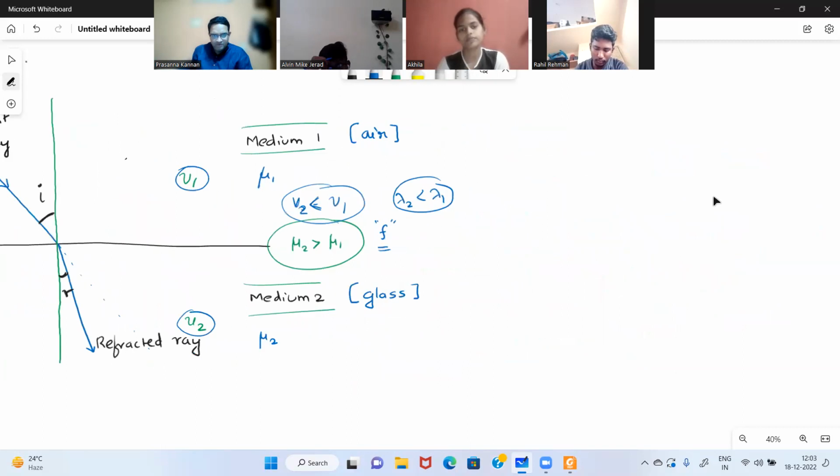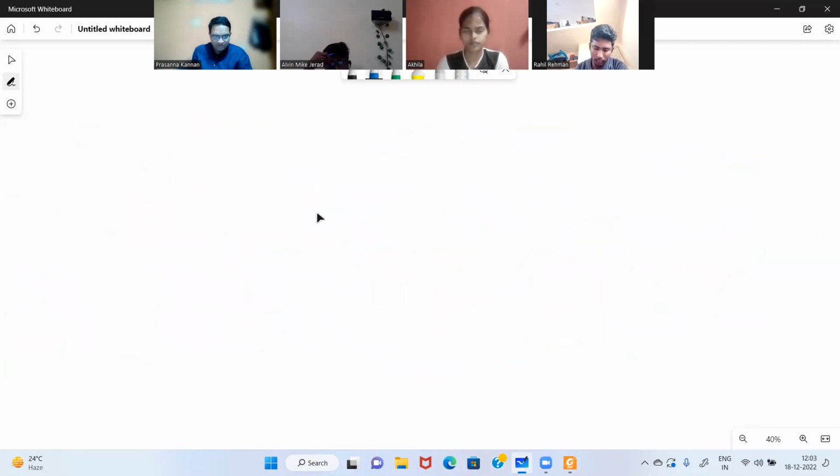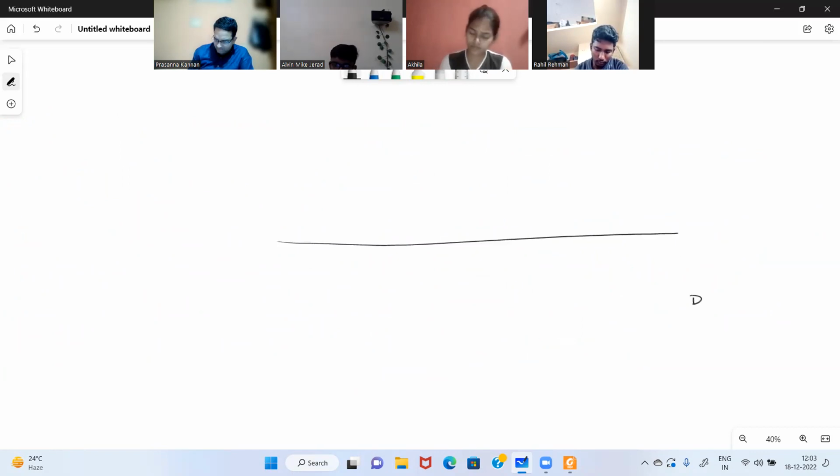Now let's move on to what happens when the ray of light is traveling from denser to rarer medium. Let's say this is the denser medium, and this is the rarer medium. Let's say the refractive index here is mu1 and the refractive index here is mu2, and mu2 is greater than mu1.